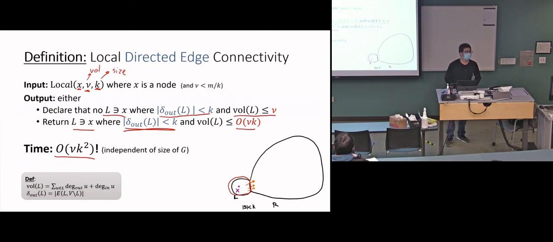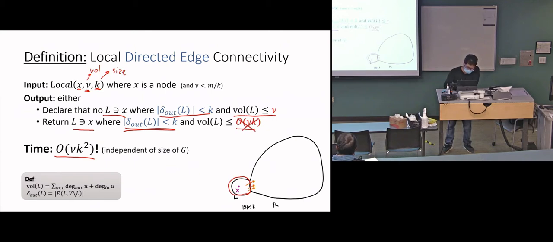It's NP hard, but by W1 hard, I mean it doesn't even have an n to the k time algorithm.